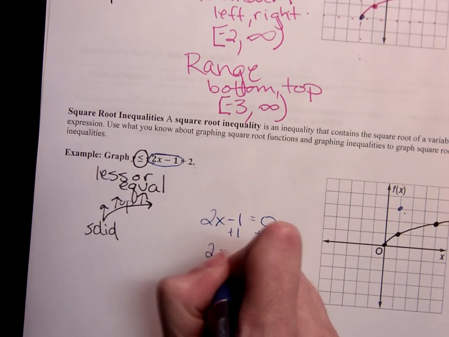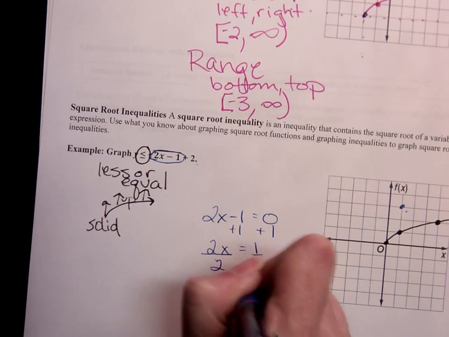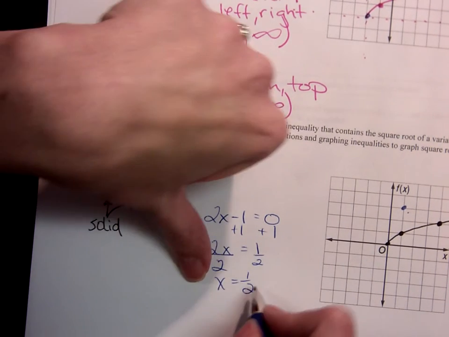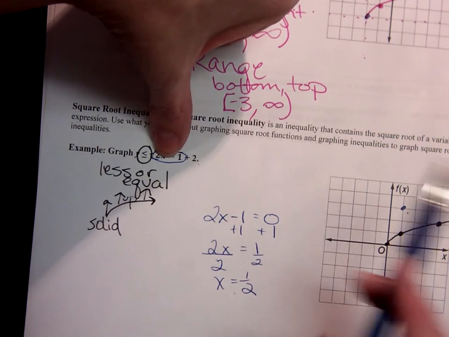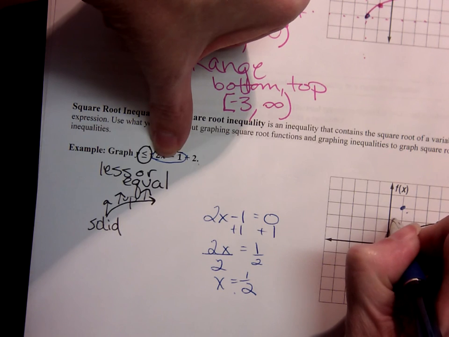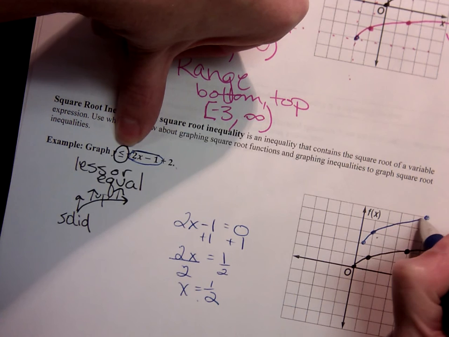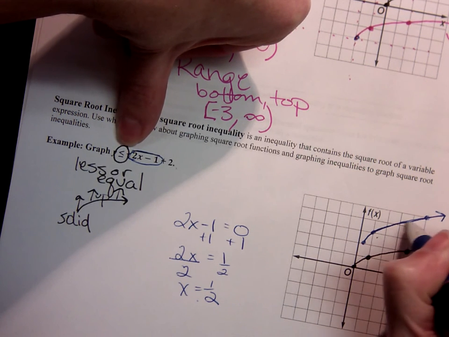So 2x equals 1, x equals 1/2. So I know that when x is 1/2, this is 0, so y is 2. So I'm going to go to (1/2, 2), and now we can see more of our curve, what our graph is supposed to look like.